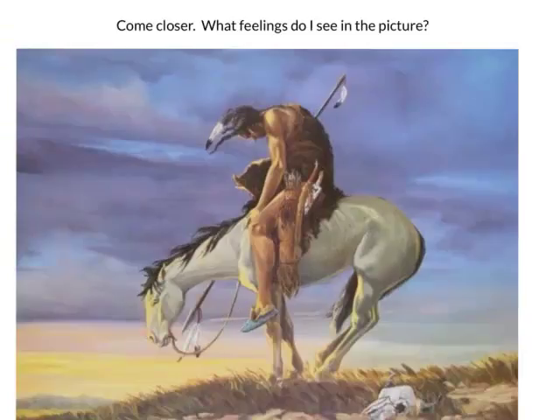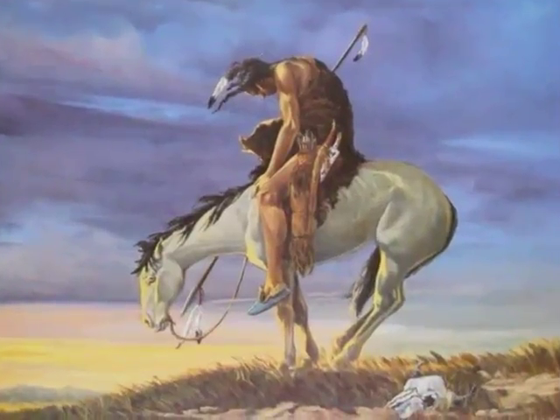Okay, now we're ready for our second read. So I'm going to need you to come closer with me again, and this time let's look at the painting to see what feelings I see in the picture.